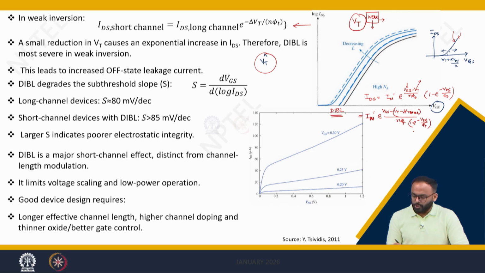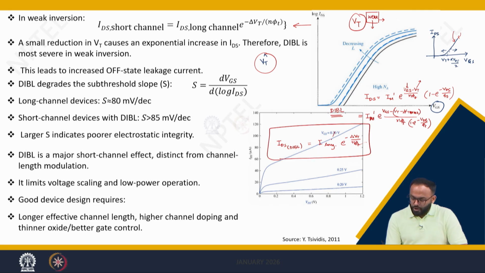So, you can simply rewrite this equation as IDS due to DIBL equals IDS for long channel into e to the power of minus delta Vt divided by n into phi t, meaning the characteristic of the current also changes. It is not just a shift in the x axis.